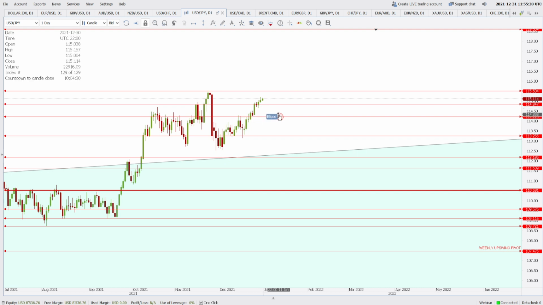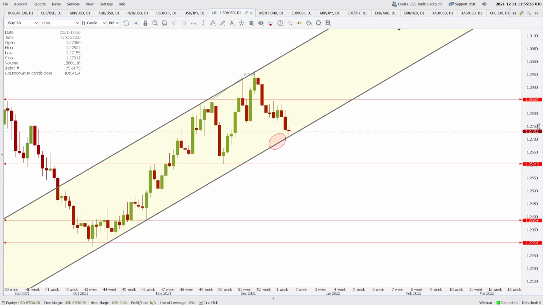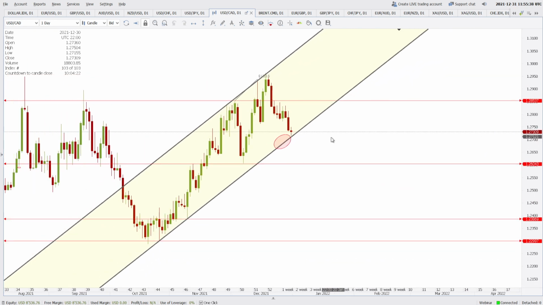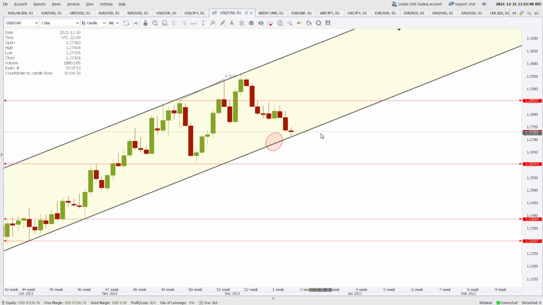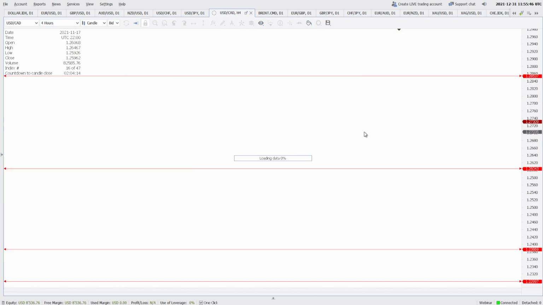Okay, talking about the US dollar against the Canadian dollar, this can be your opportunity to go long if you are willing to go long, but right now buying at a red candle is not a good idea.